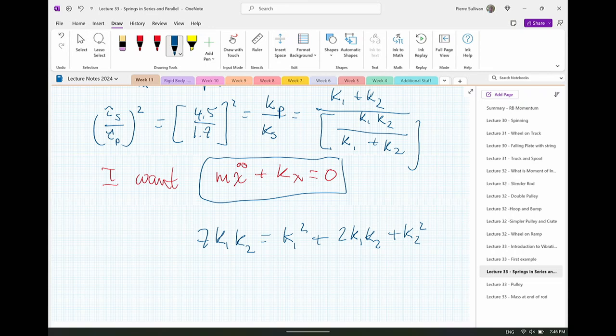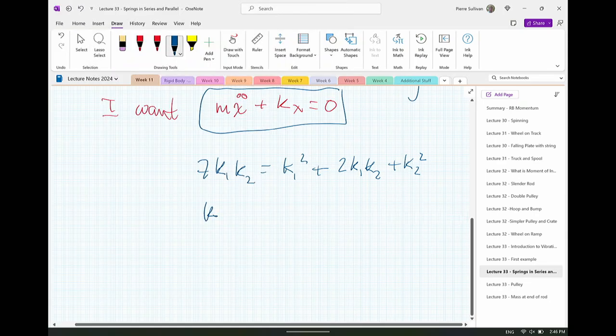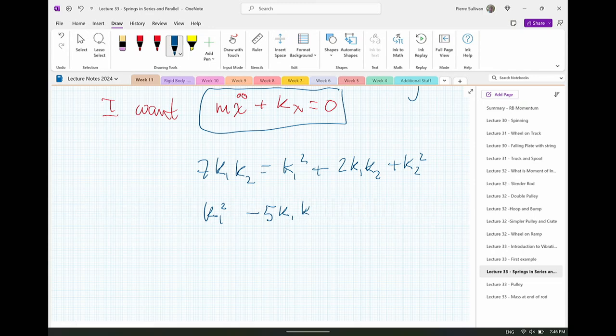So once I have all of this, I have an equation, everything works out really nicely. I end up with k1 squared minus 5 k1 k2 plus k2 squared equals 0.